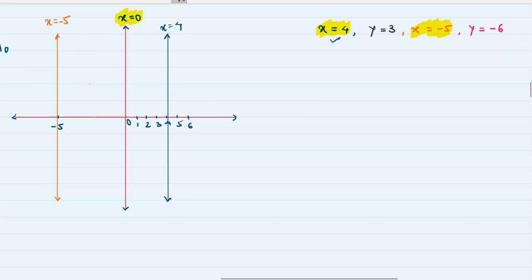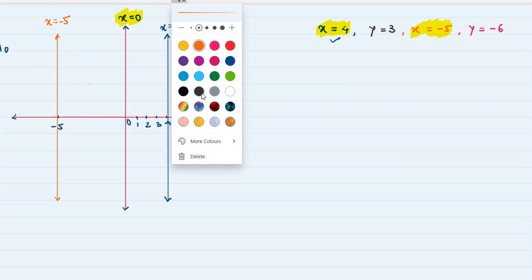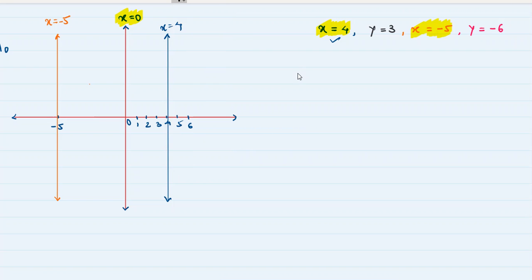Okay, what about y is equal to 3? Y is equal to 3. I will show you. So see, the equation of x-axis is y is equal to 0. And this is 1, 2, 3.